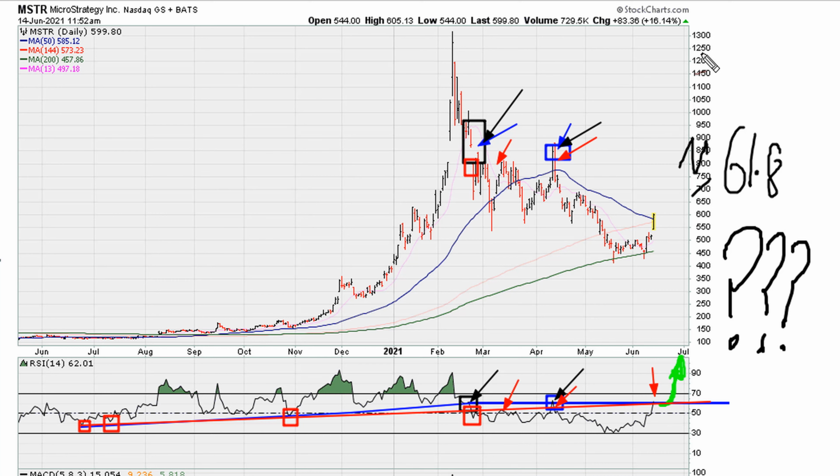At this very moment, after this nice gain for the day, this on a daily basis is an area to watch for potential resistance on the stock, or if not cryptos in general. And again, I need to emphasize this because this is the key. For there to be continued movement higher by the cryptos, this instrument would have to clear this resistance line.